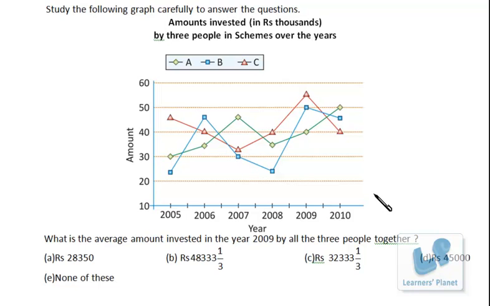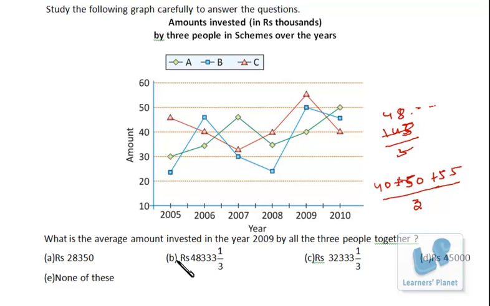It's 40 plus 50 plus 55 by 3, right? So it's 90 plus 55, that is 145 by 3. So it's 48,333 because the figures are in thousands. So quite a simple problem.